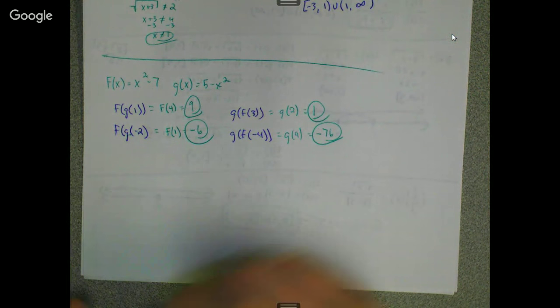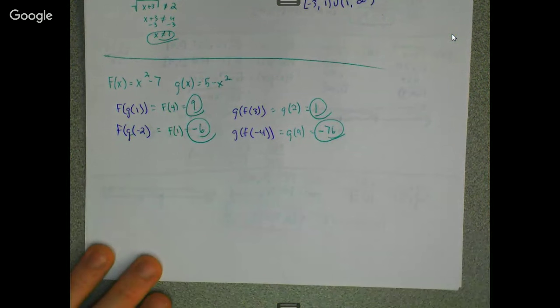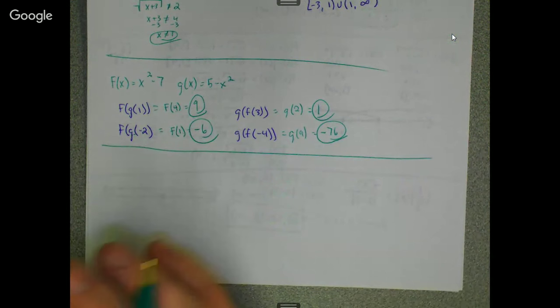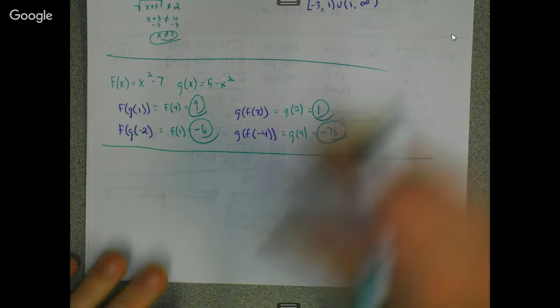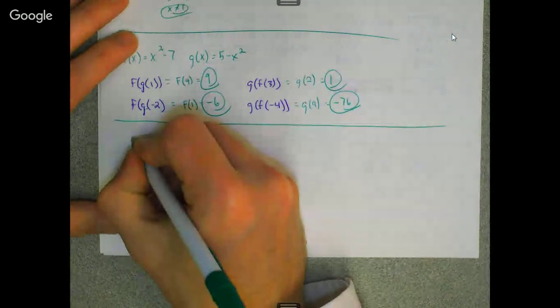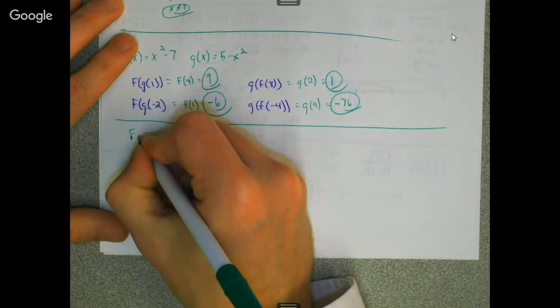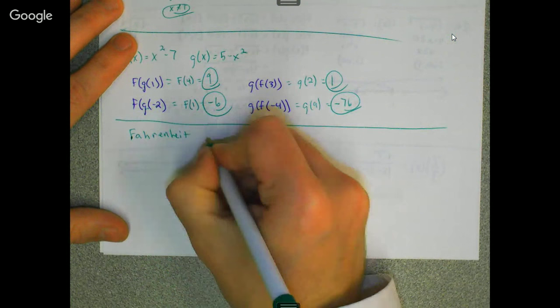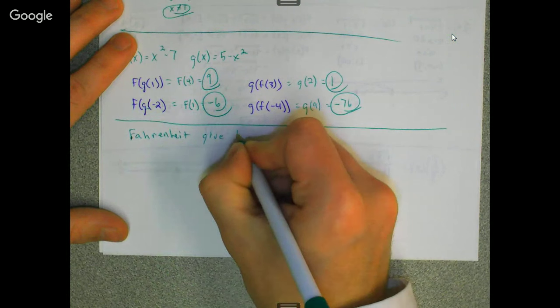Okay. So that's just some back substitution with that. Application problems are great for composition of functions. Okay, so let's say I want degrees Fahrenheit given Kelvin.